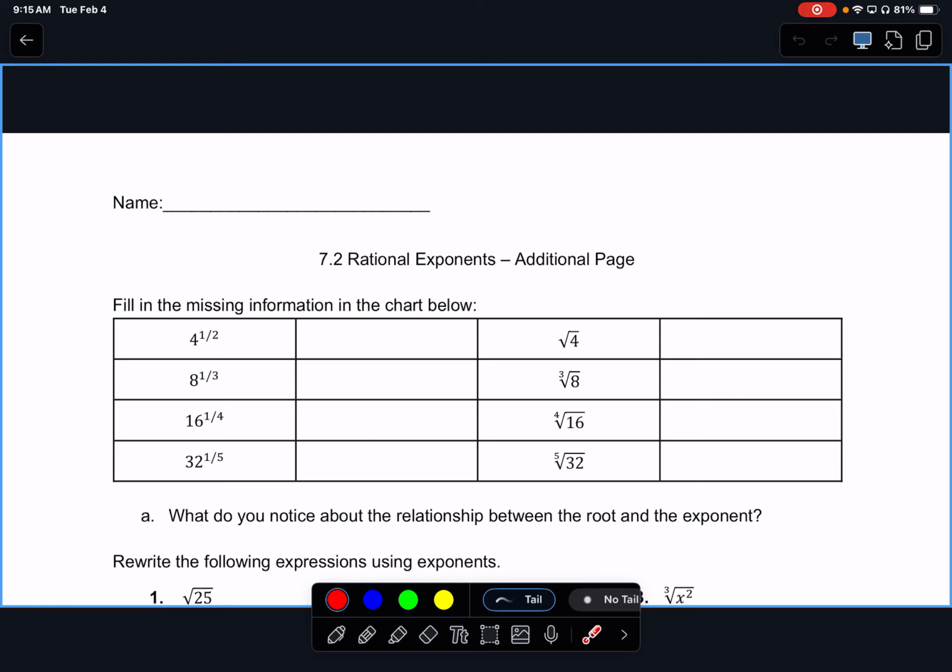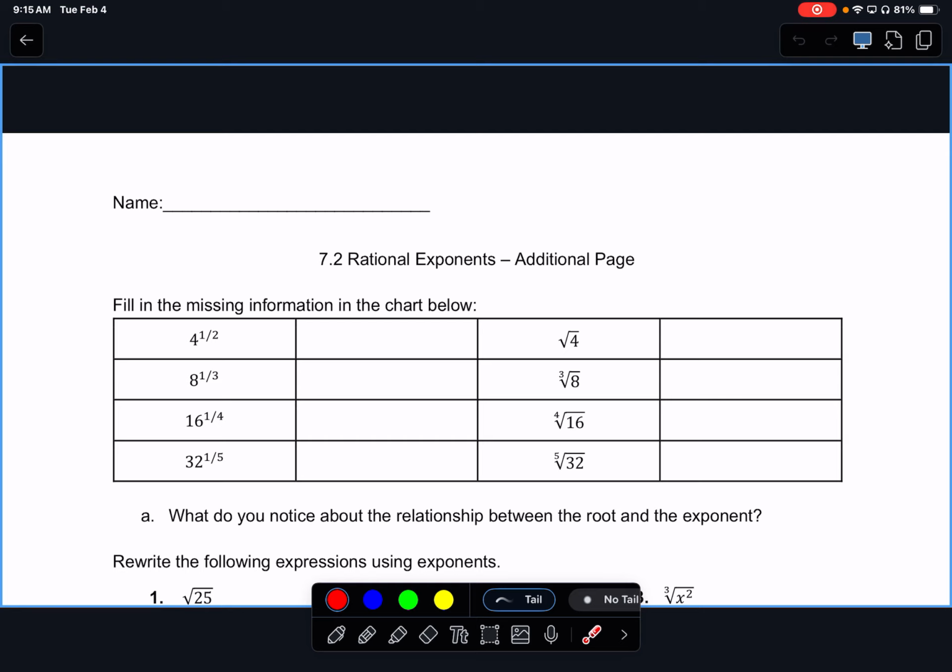Whenever you have a root, it is your denominator. And then your power is up in the leaves. And that is how we can rewrite it from radical form to a rational exponent.